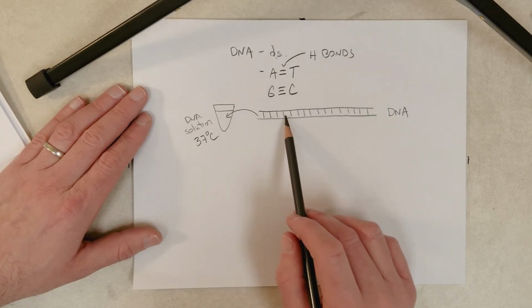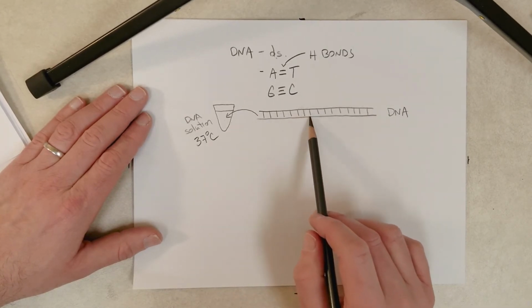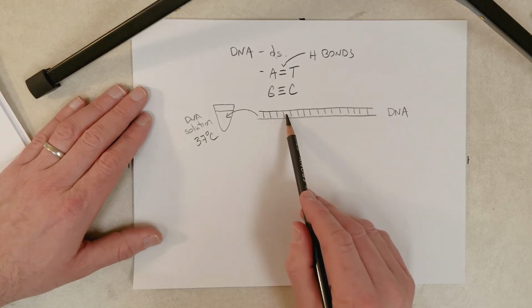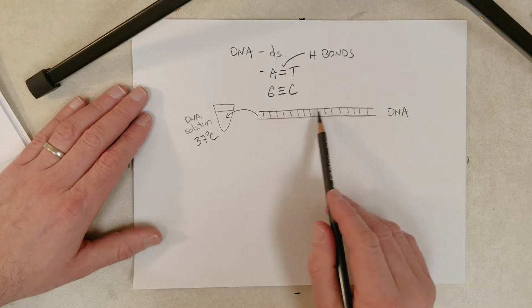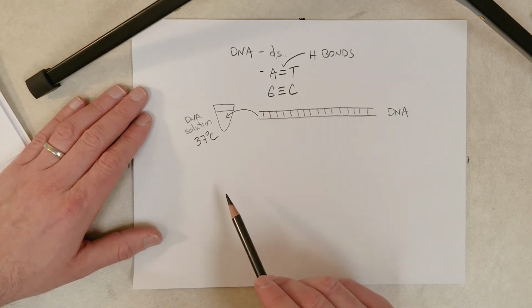In that form, we can expect that the DNA will be double-stranded. And these right here represent the hydrogen bonds formed between the various nucleotides of the top strand and the bottom strand.